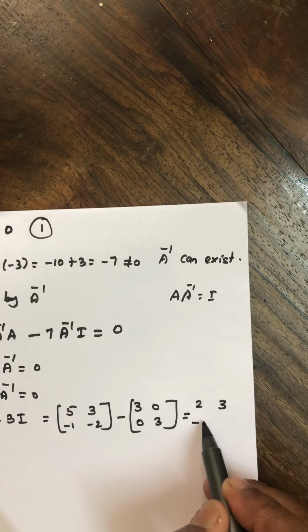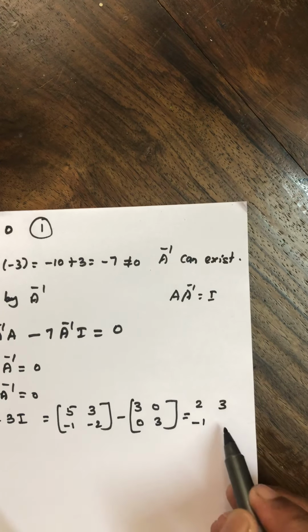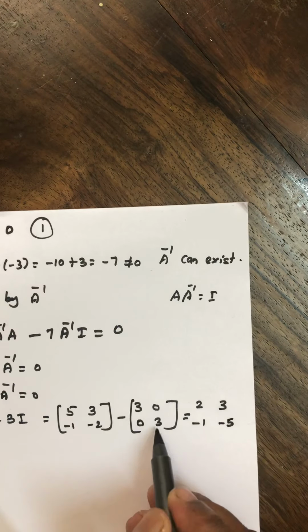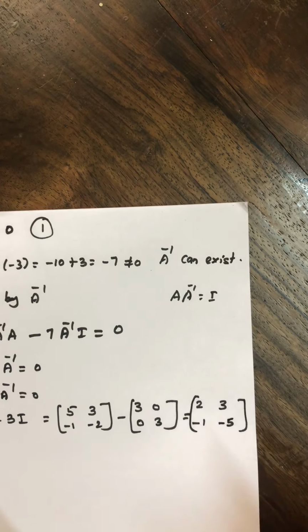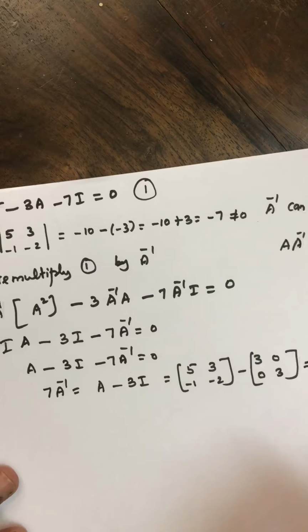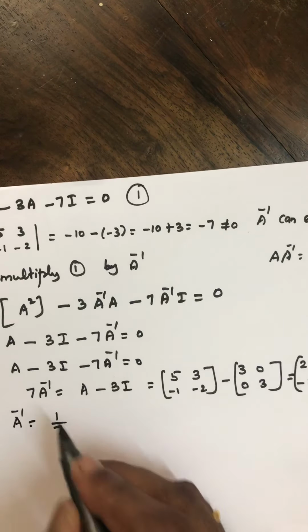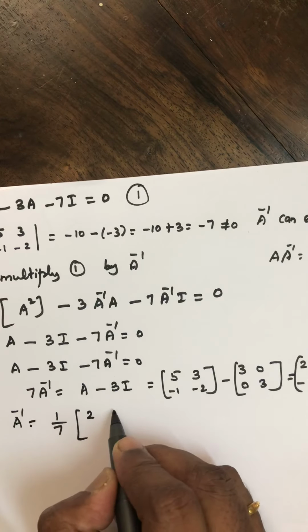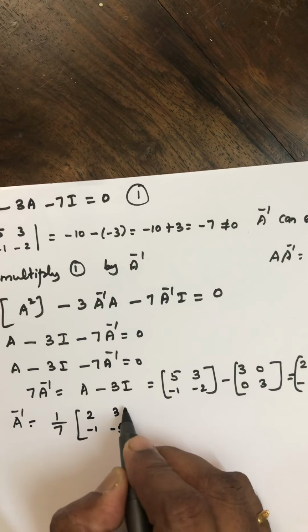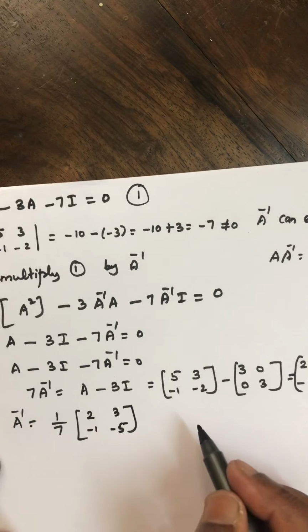Minus 1, minus 0, minus 1. Minus 2 minus 3, so minus 5. Therefore A inverse is 1 by 7 into this matrix, 2, 3, minus 1, minus 5. So we got the answer.